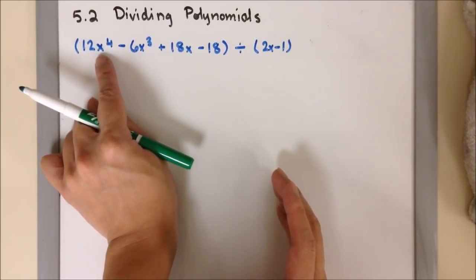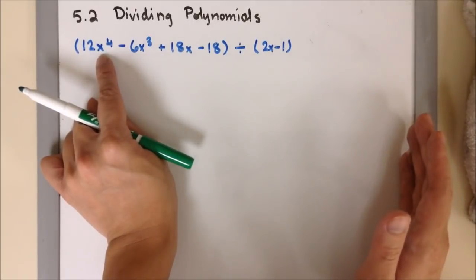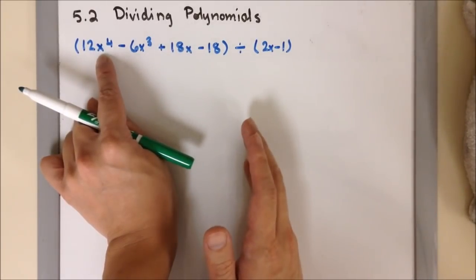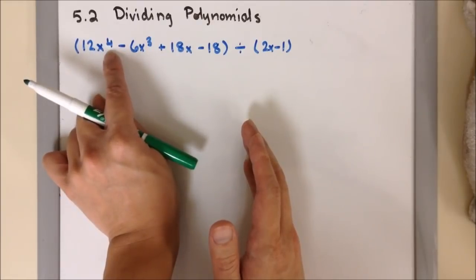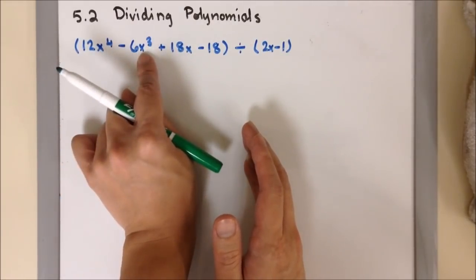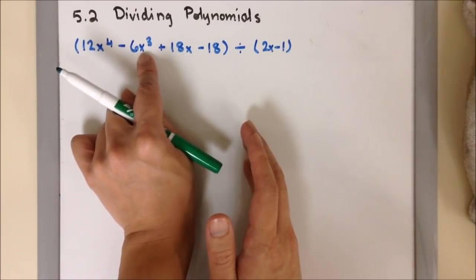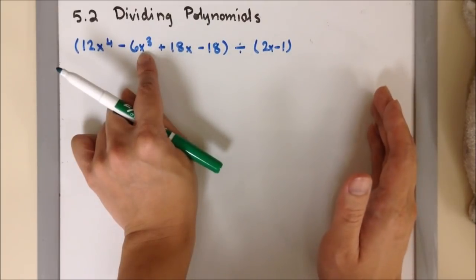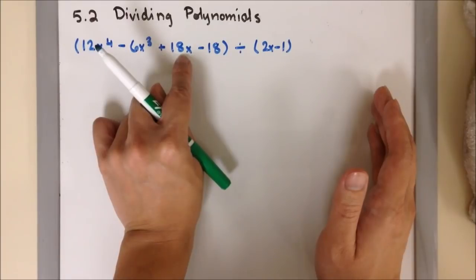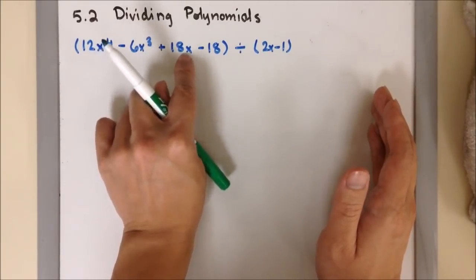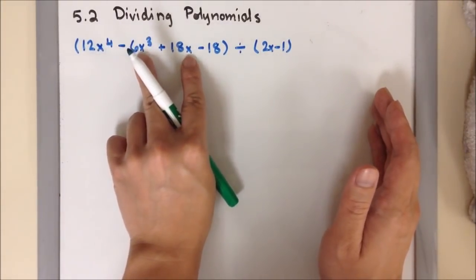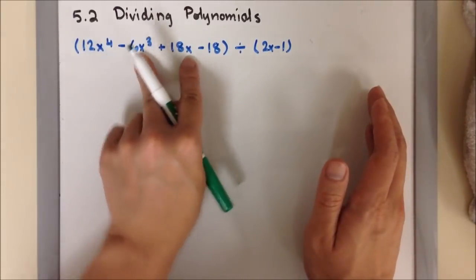So starting with the x to the 4th, we count down by 1, and what comes next is the 3rd. We have that, so we're okay. Next, we count down, and we should have x to the 2nd power. But I have 18x, so it went from x to the 3rd to 18x. So that's my missing term.